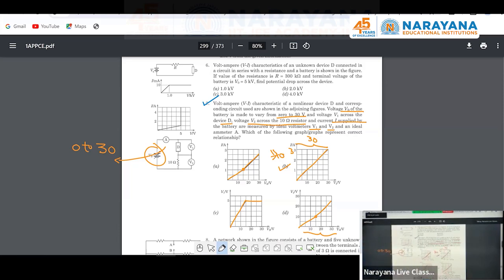He told about V2, V2 is I into R. So is D option for 0 to 5 or 0 to 5 of that person? You understand this point, no? Is D coming out to be correct? How, Piyush, yeah.